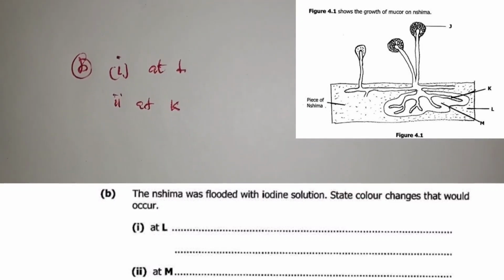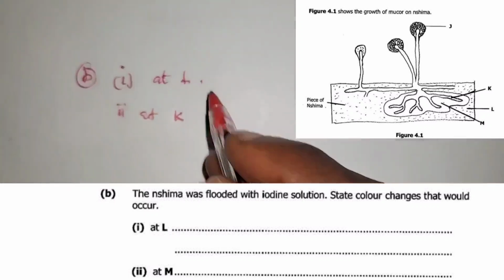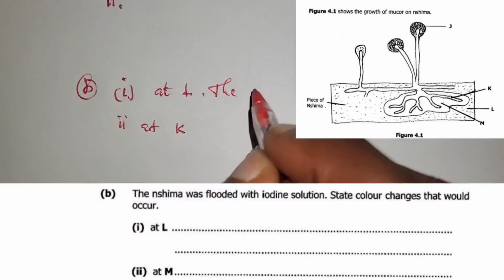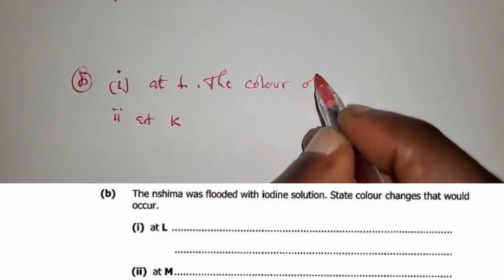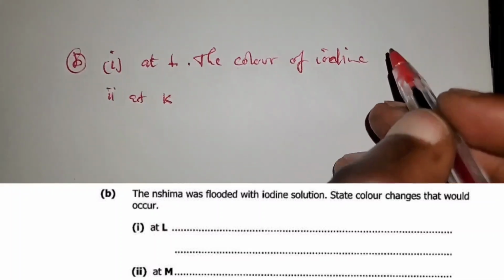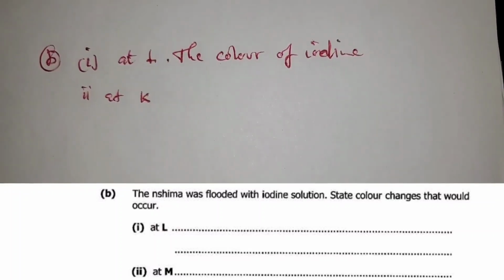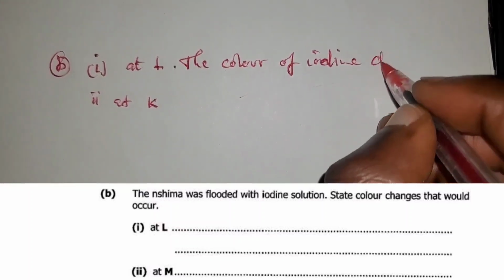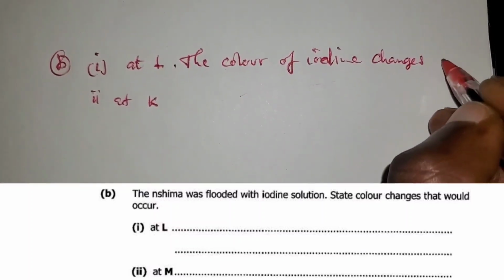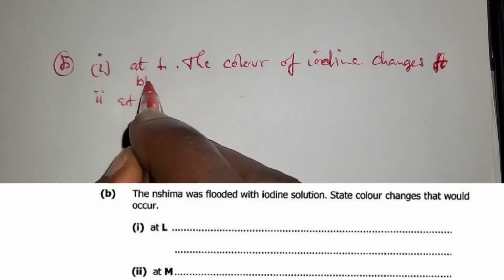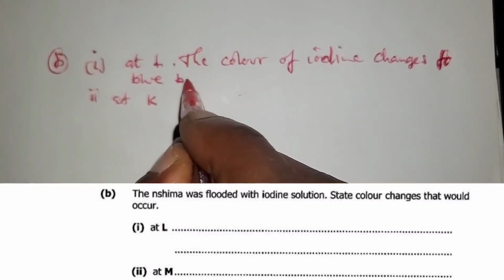So look at where L is. At L, the color of iodine solution changes to blue black.